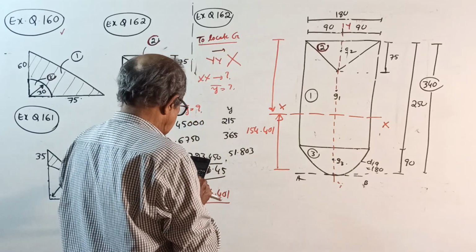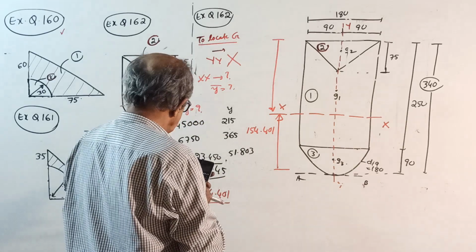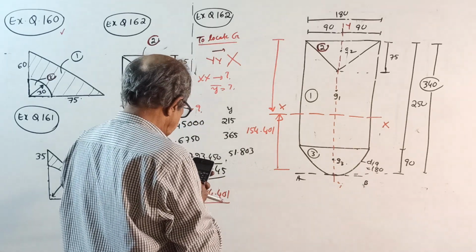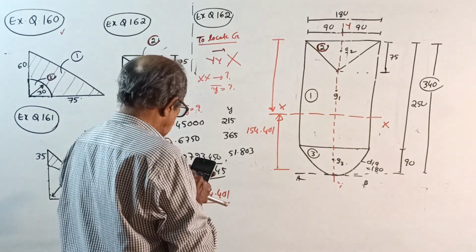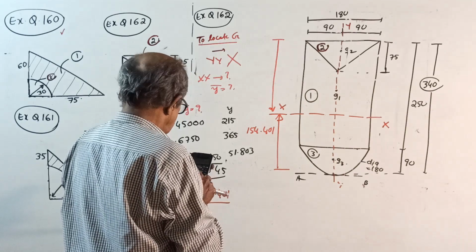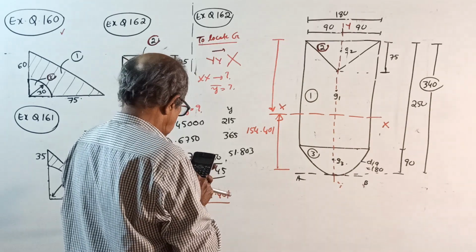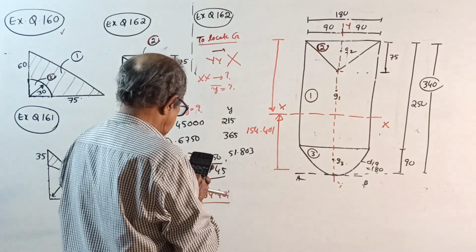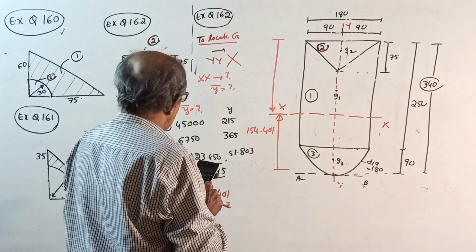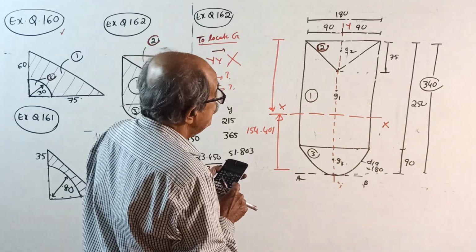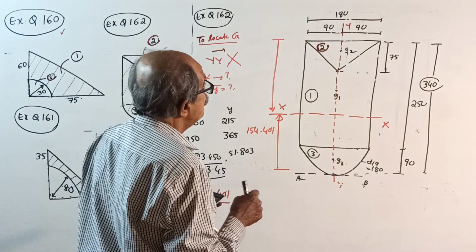45,000 minus 6750 plus 12723.45 is 50,973.45, that is A. Then 45,000 into 215 minus 6750 into 365. How 365? Oh, it's not 365.